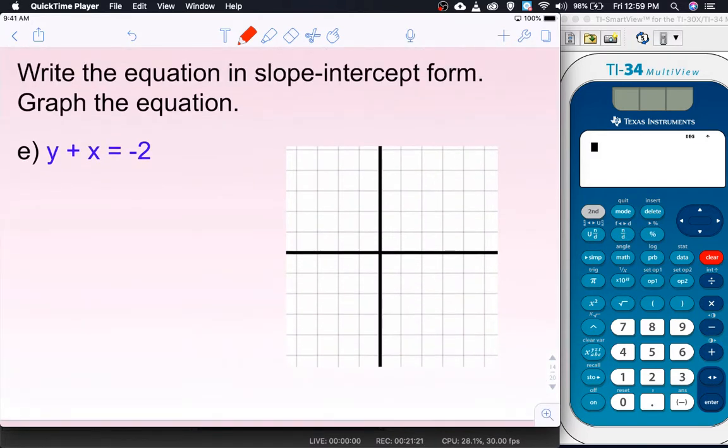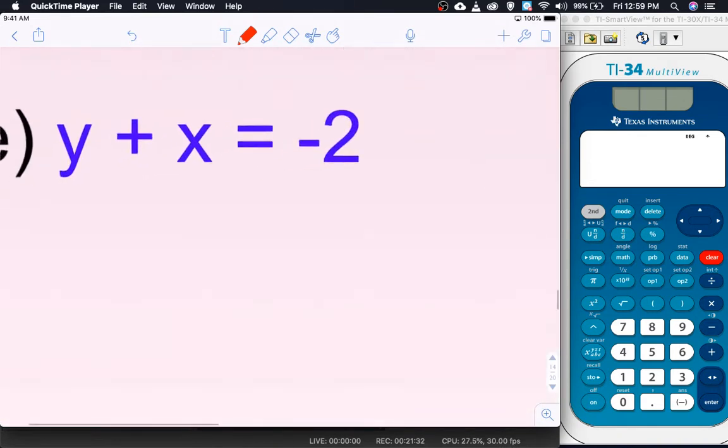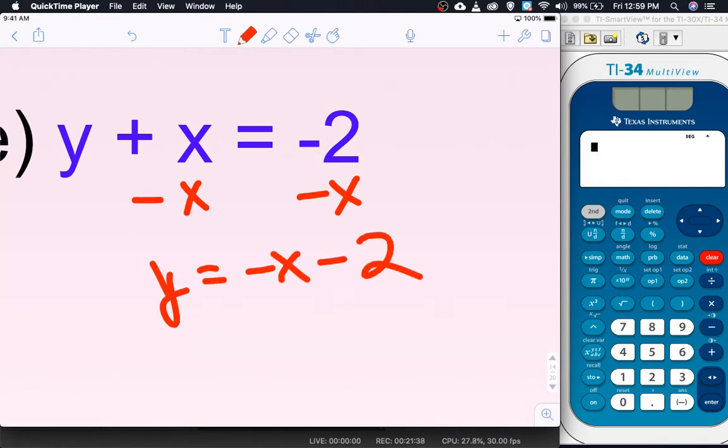All right, here's letter E for you. If you could go ahead and pause the video, try this one on your own, and then hit play and we'll go through it together. All right, so you subtract x on both sides to get the y by itself. And actually, that's done. The y is already by itself.